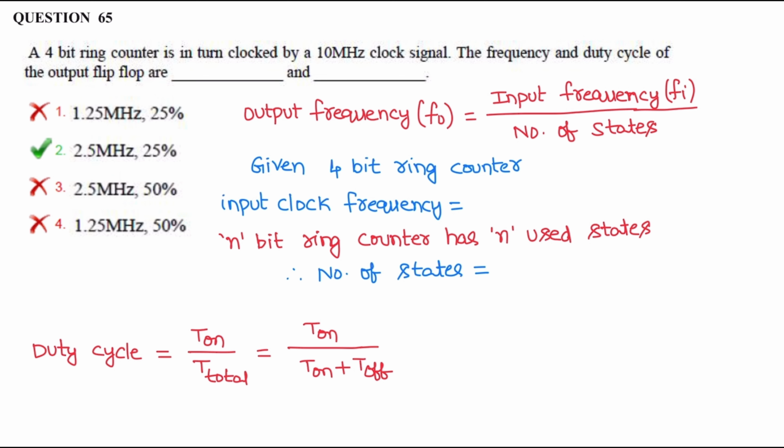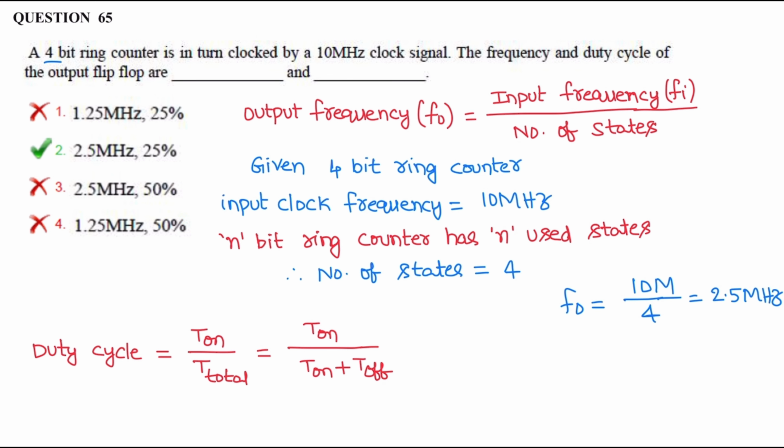For n bit ring counter there are n used states. For 4-bit ring counter total number of states are 4 and the given input clock frequency is 10 MHz. Now the output frequency F0 is input frequency 10 MHz divided by number of states, that is 4. So 2.5 MHz. Output frequency is 2.5 MHz.